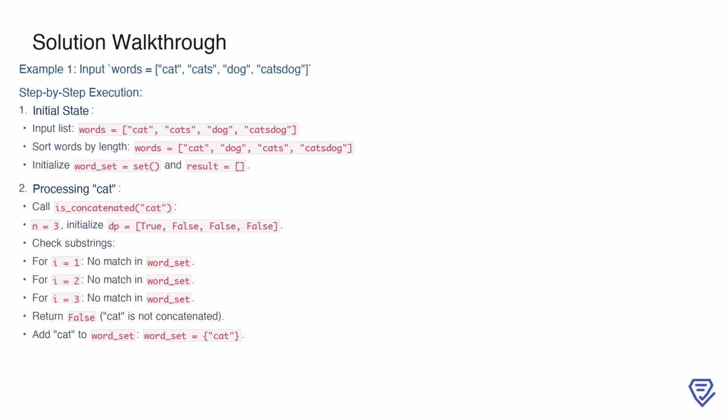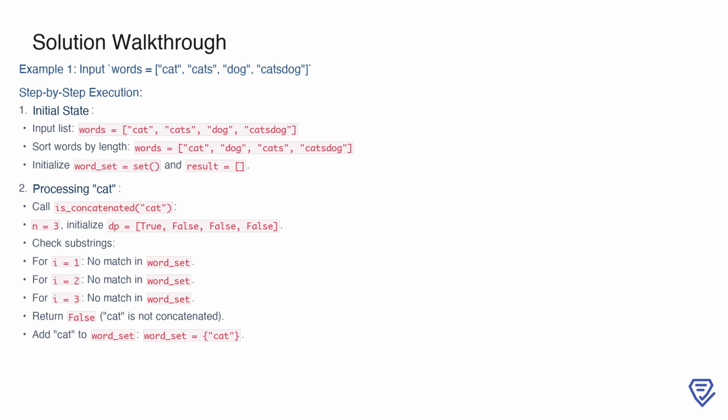Now, starting with the word cat, we call the helper function is_concatenated. The length of cat is 3, so we initialize a dynamic programming array dp of size 4, with dp[0] set to true to indicate the empty prefix. Next, we check all substrings of cat. For each position, no substring matches any word in word_set, so the function returns false, meaning cat is not a concatenated word.